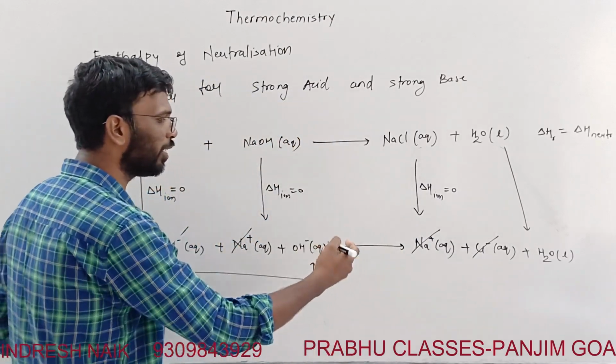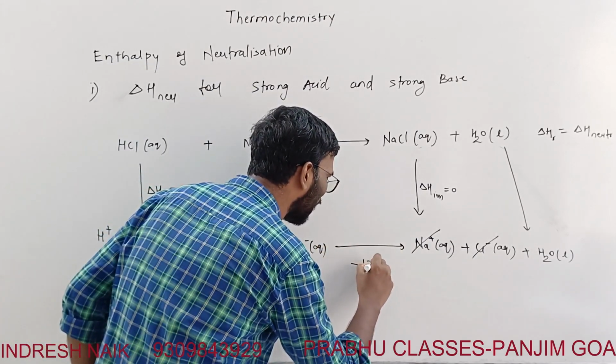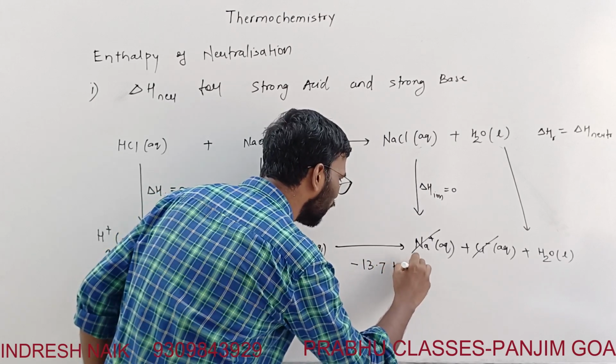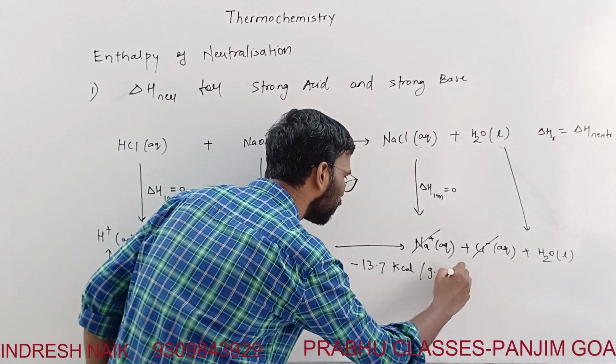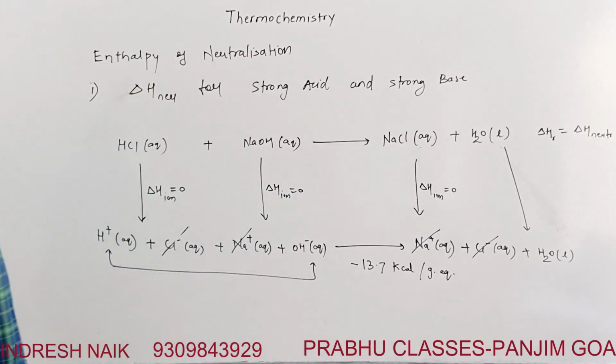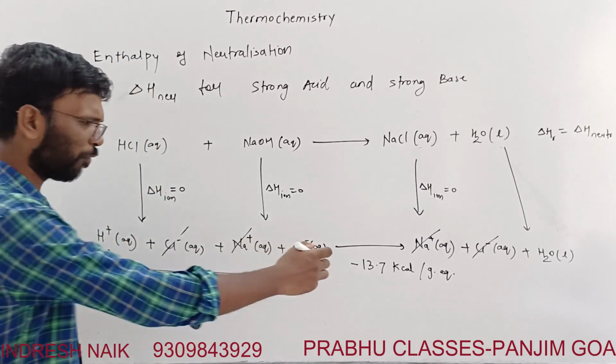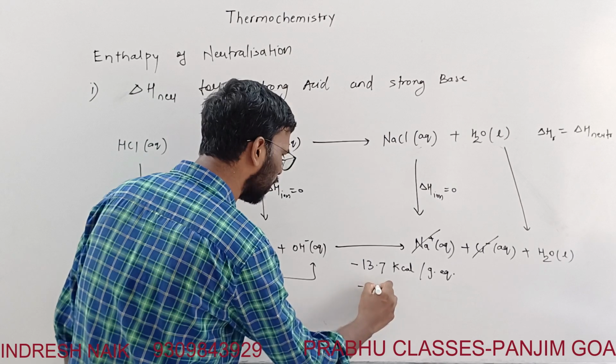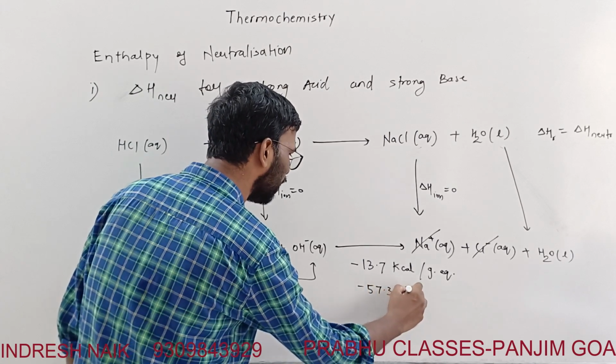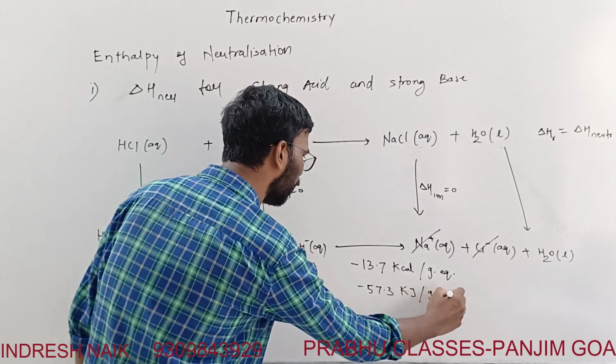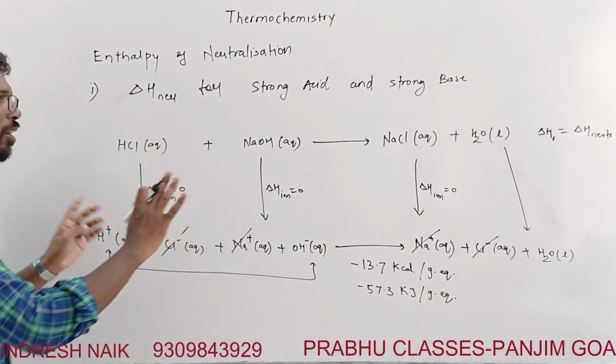How much energy is released? That energy is minus 13.7 kilocalorie per gram equivalent. But if you want to convert that into joules, it is minus 57.3 kilojoules per gram equivalent. This is the energy which is released.